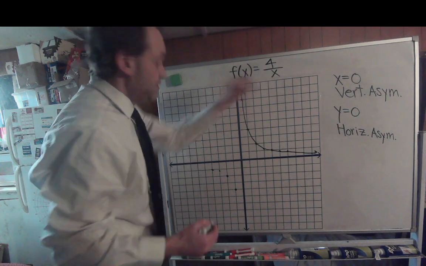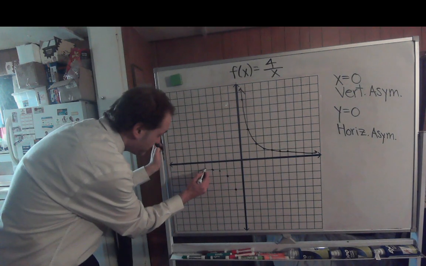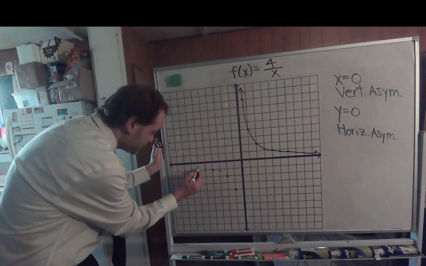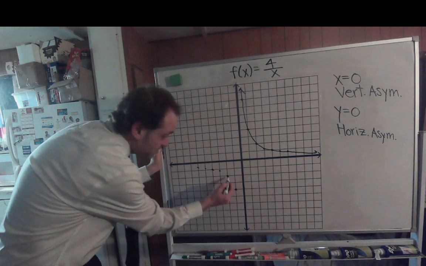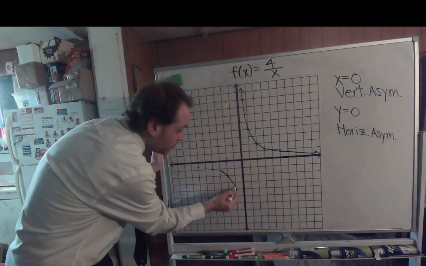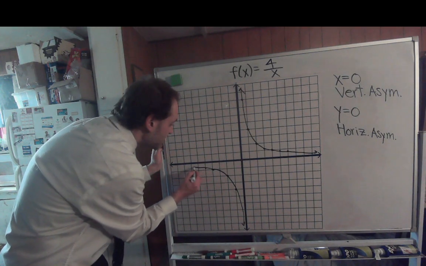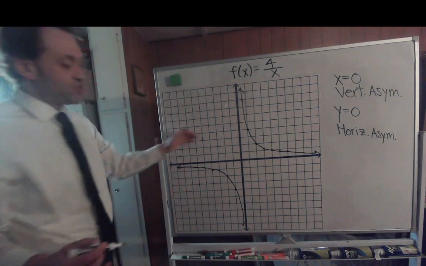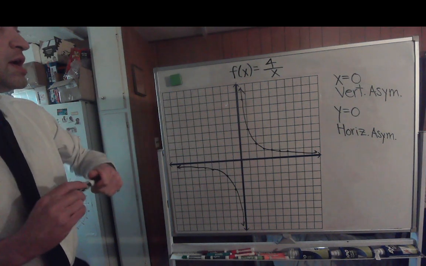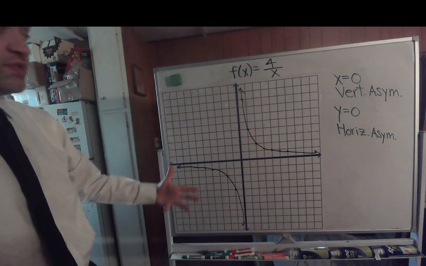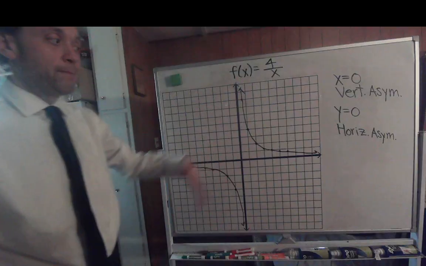X equals -5, that would give you -4/5. X equals -6, that'd be -2/3. And you see the pattern, what it's just going to keep on doing here. It's going to keep doing the same thing. The only difference is you have a stretching factor of 4. But it looks sort of identical to 1 over x, except you have that stretching factor of 4.